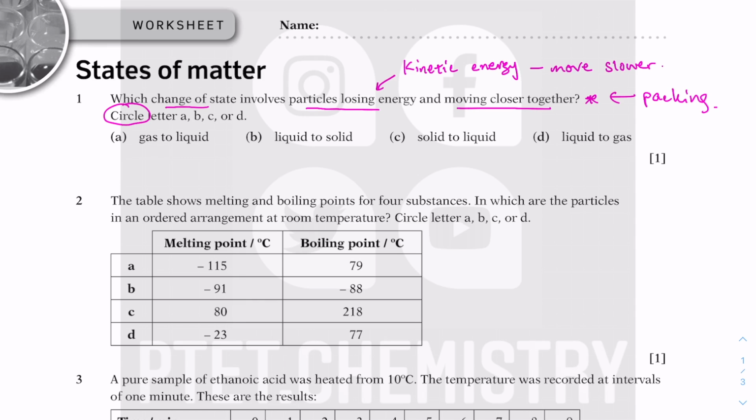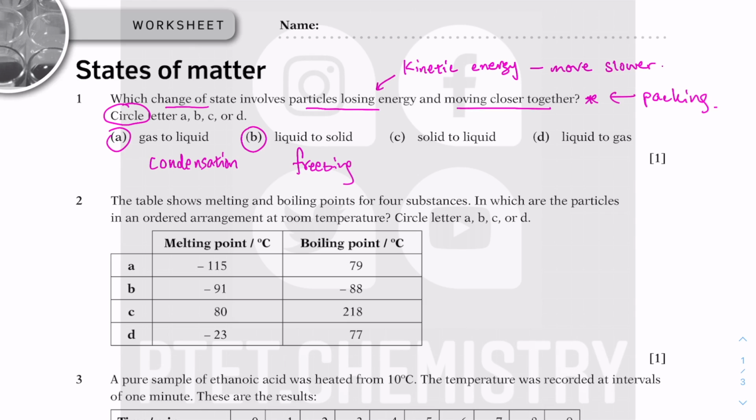With any question really, when you read the questions, you're allowed to underline or circle, or whatever you have been instructed to do. As I mentioned, you will lose kinetic energy and move closer together as you go from gas to liquid, that is condensation, and you will get the same when you go from liquid to solid, that is freezing.